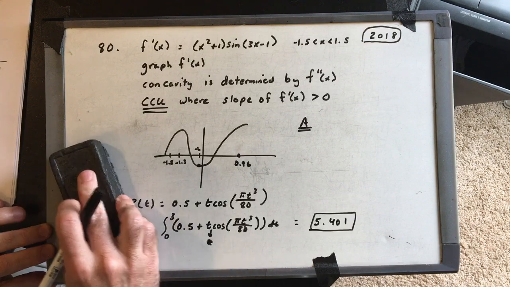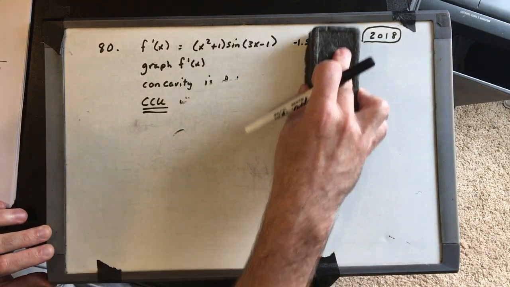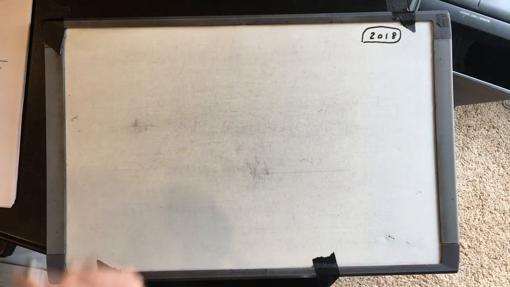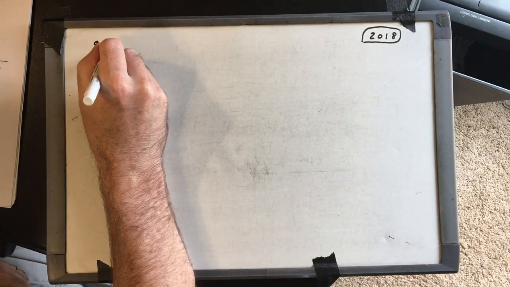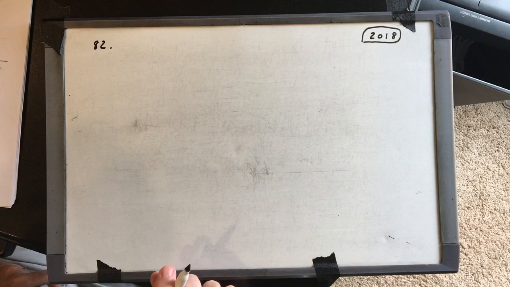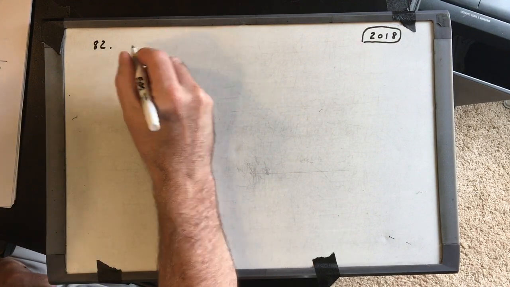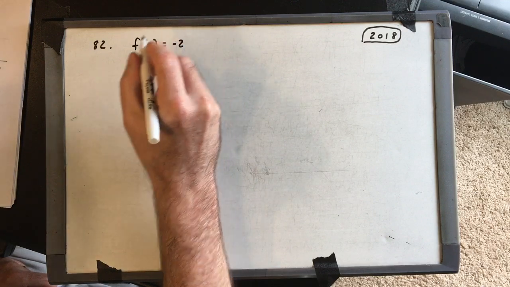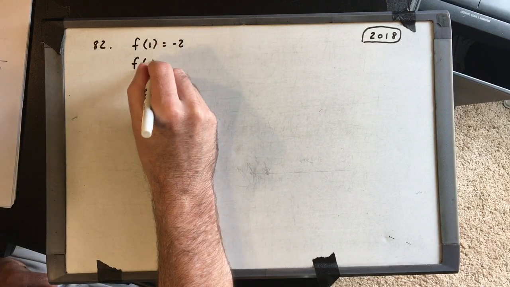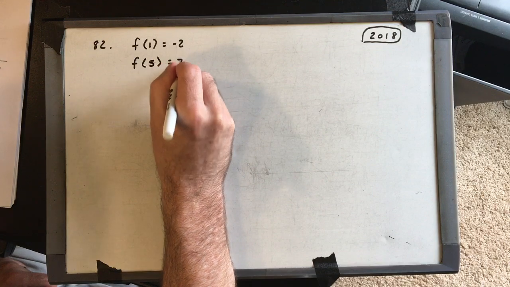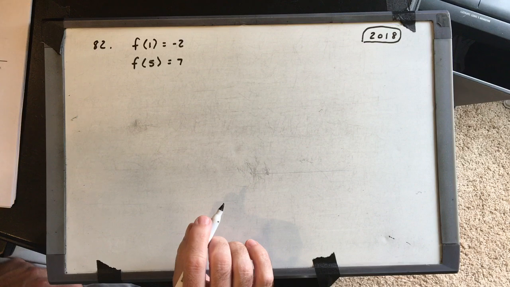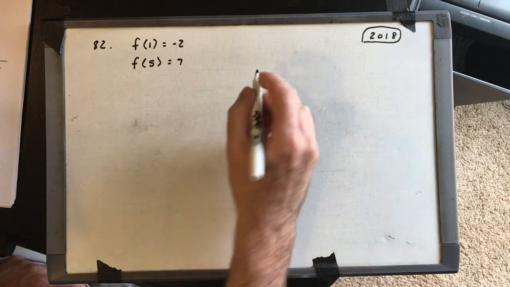Okay, let's look at 82. So let f be a function such that f of 1 is equal to negative 2 and f of 5 is equal to 7. Which of the following conditions ensures that f of c is equal to 0 for some value c in the open interval 1 to 5?